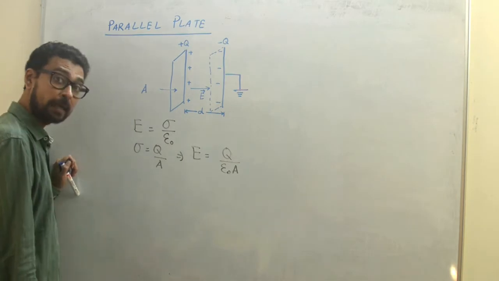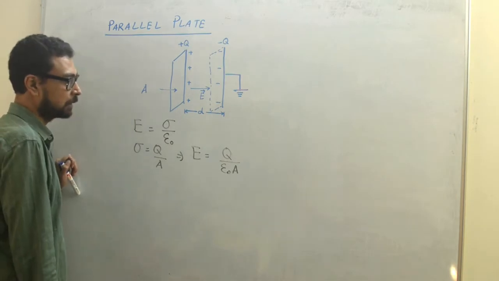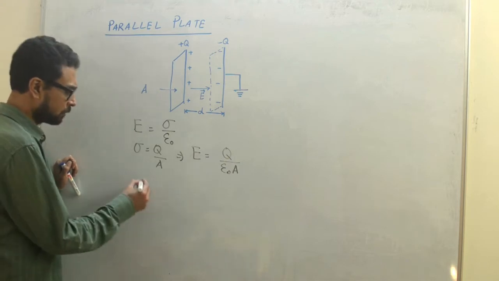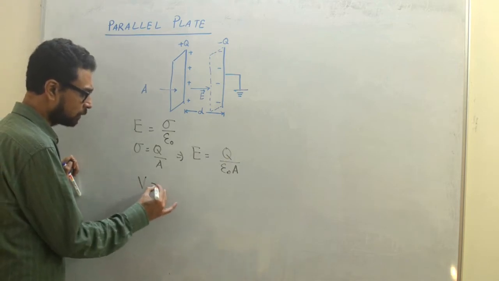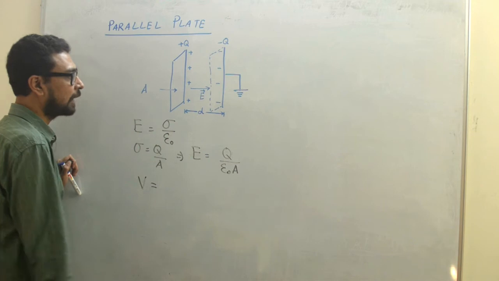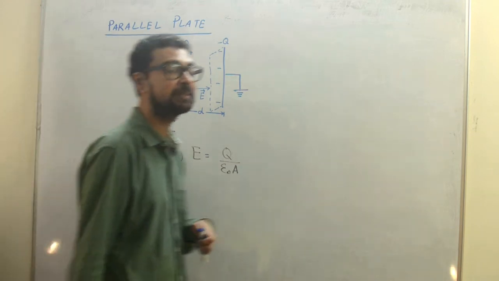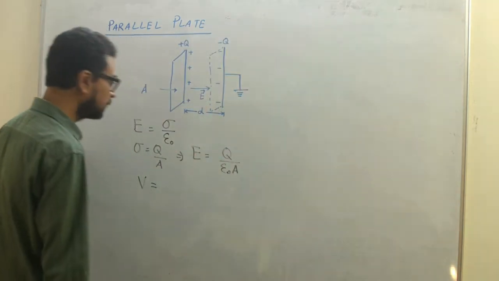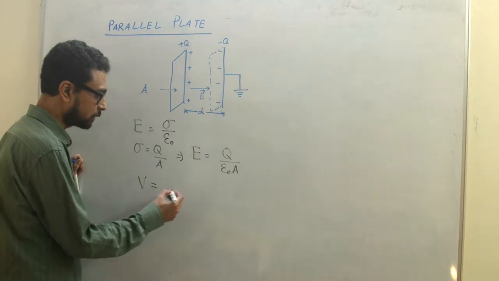Now you have to calculate the capacitance. For that we need to calculate the potential, and we can calculate the potential using the potential gradient. We already did this in the potential chapter, and what was it?